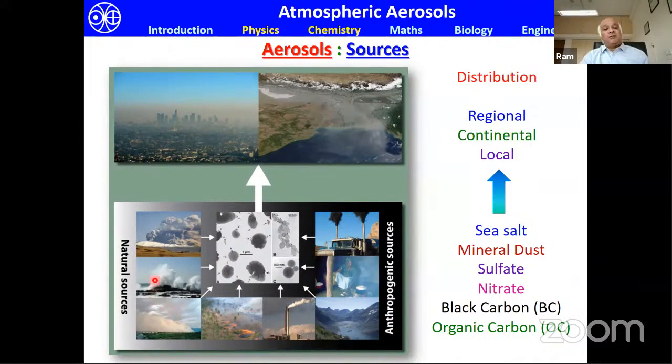You also notice that when I classify them as natural versus anthropogenic aerosols, the natural aerosols are more whitish compared to the anthropogenic ones, which are blacker, the importance of which will come in the next few slides. Keep this in mind. These aerosols from different sources can produce local, continental, regional, and global distributions, and hence can contribute to global effects.